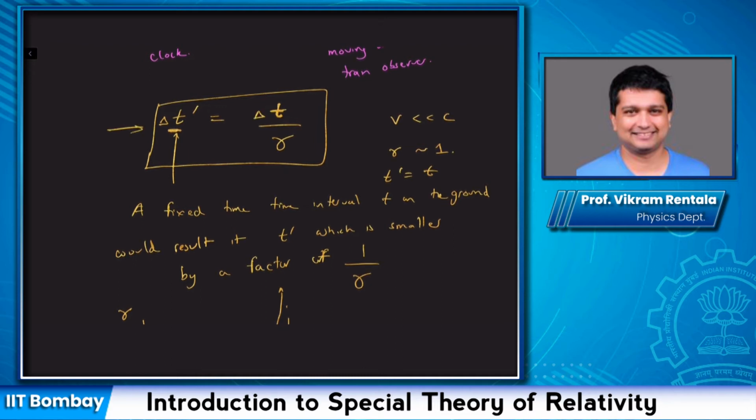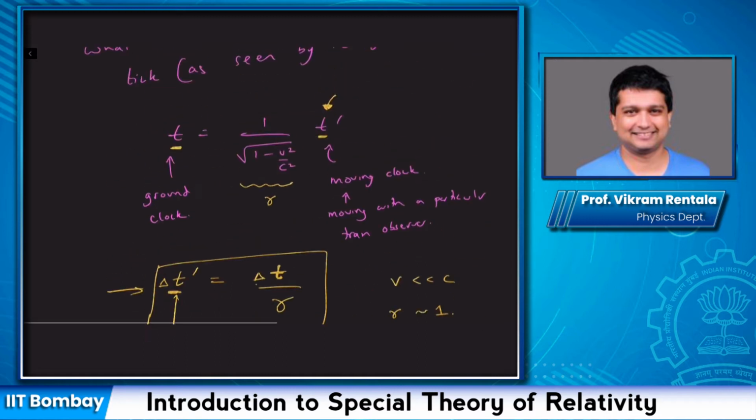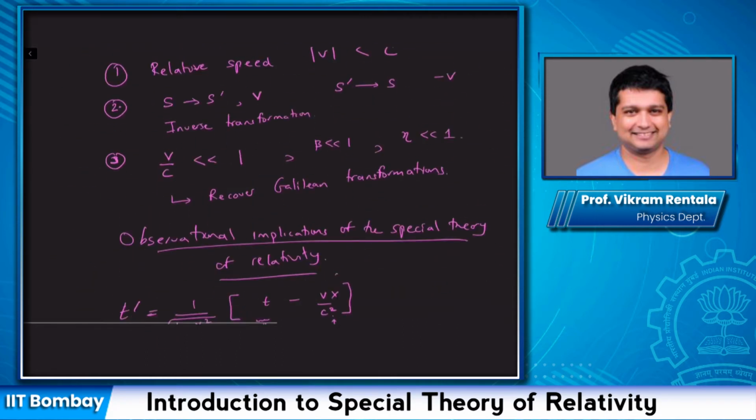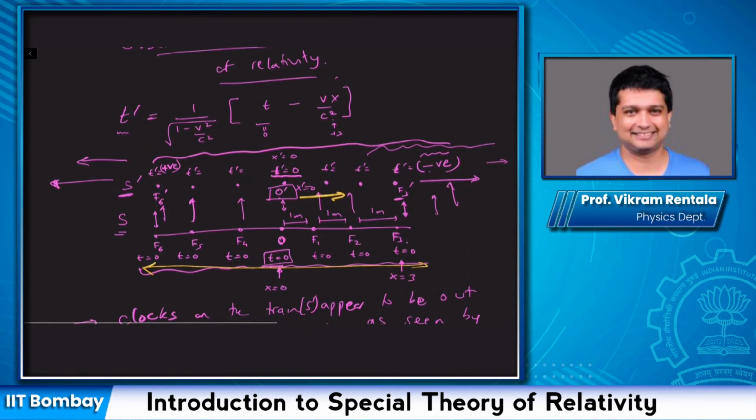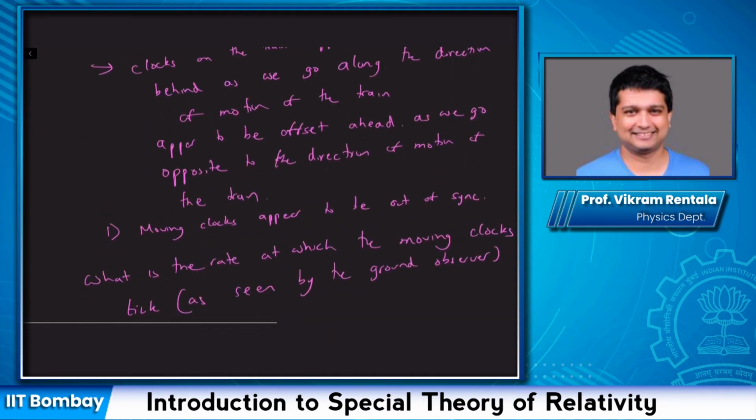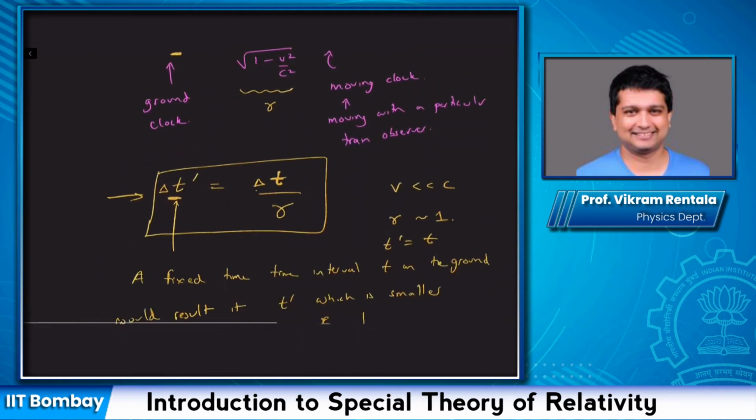This same relationship between the elapsed time intervals should be true for any observer on the train. If I take any clock on the train and ask how much time has elapsed on this clock after a time delta t has elapsed on the ground, that moving clock would appear to tick slower.